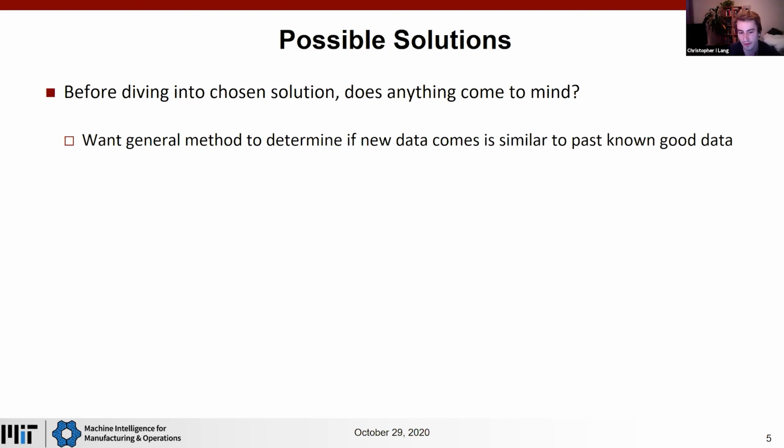And then if new incoming points fall within those distributions, he classifies them as good. Otherwise, he classifies them as bad. But in general, I think that you're right. A generative solution where you have some estimation of the likelihood of it coming from the same distribution as the known good data is really what all the possible solutions boil down to.